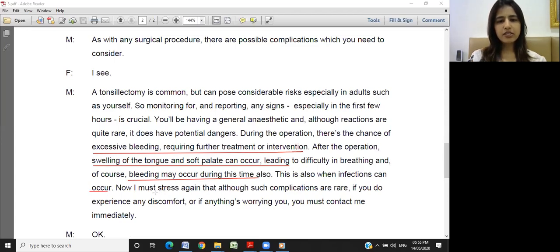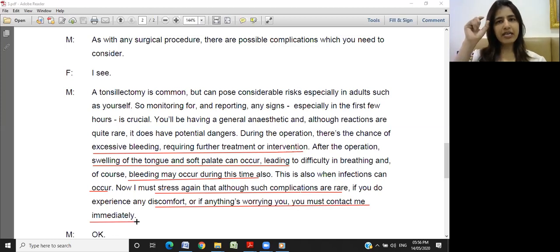Now, "I must stress again that although such complications are rare", so this is something that helps us rule out option C, severity of what some consider as minor operations. It is actually a minor operation. It is not that severe. But patient has to be aware about the possible complications. So if you do experience any discomfort, you must contact me immediately.